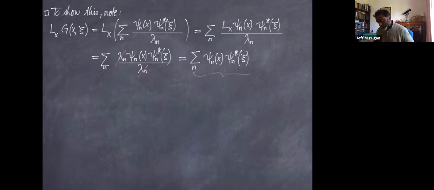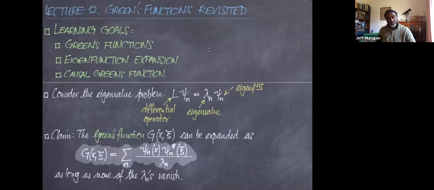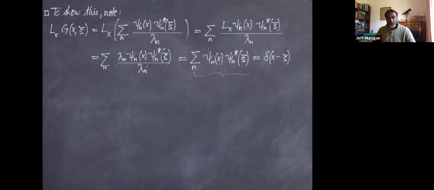And if the psi n's, the set of eigenfunctions, form a complete orthonormal basis, then if I sum psi n's times psi n's conjugate, I'm going to get nothing but the Dirac delta function of x minus xi. Hence, G as represented in this sum is in fact a Green's function corresponding to the differential operator L.